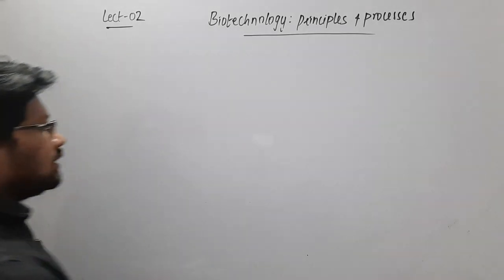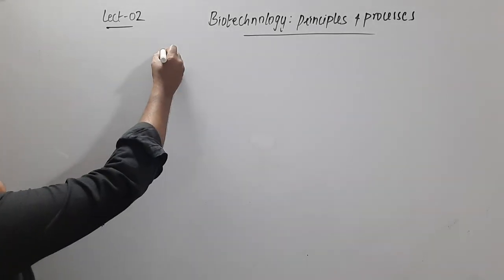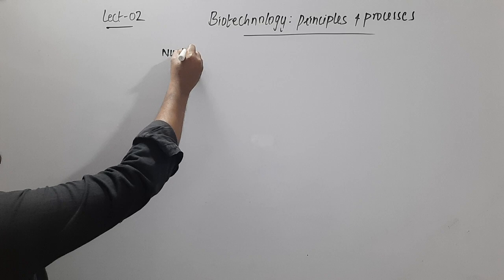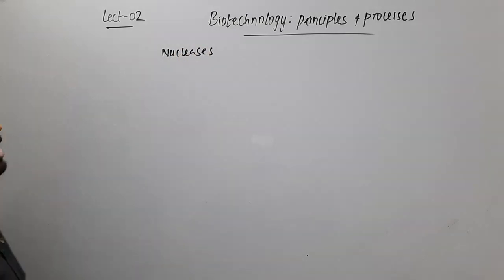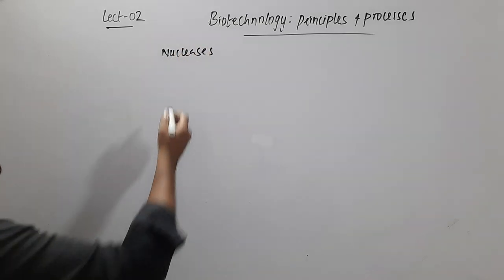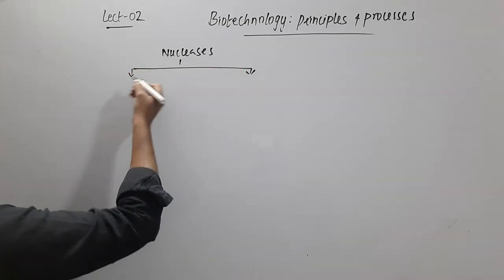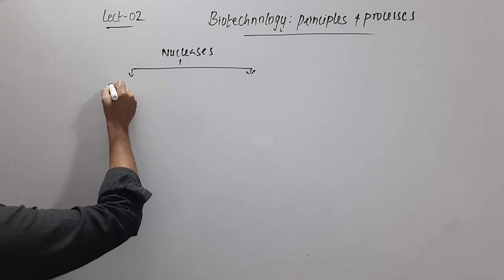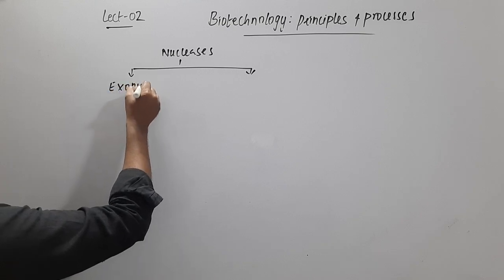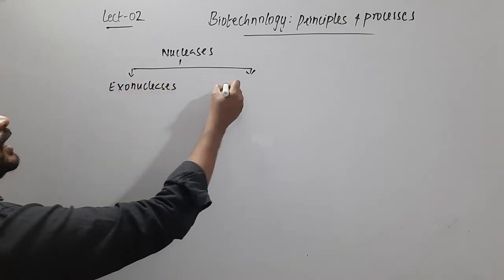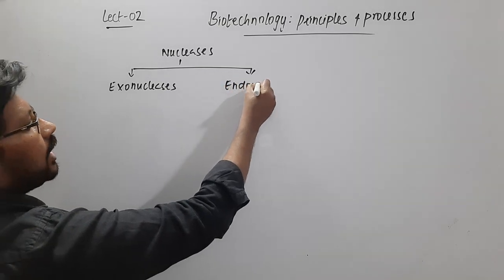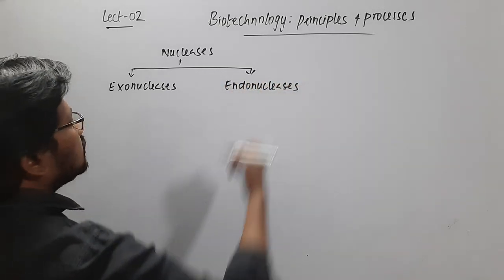So in the last session, I told you that nucleases are enzymes which are present inside the nucleus, and these nucleases are classified into two types: exonucleases and endonucleases.